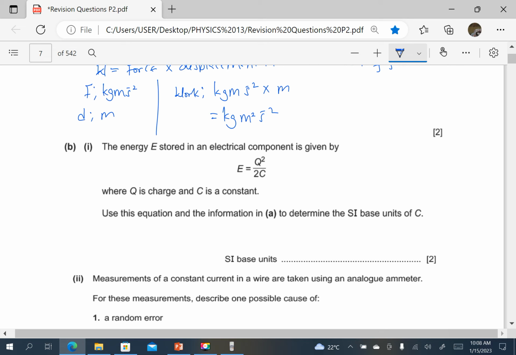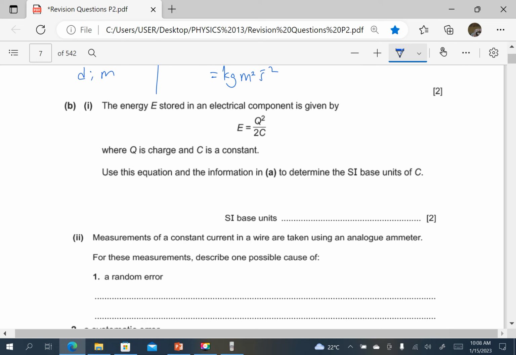The energy E stored in an electric component is given by that expression, where Q is charge, C is a constant, E is energy stored. Use the equation and the information in A to determine the SI base units of C. So we just make C the subject. If I make C the subject, you cross multiply and divide.